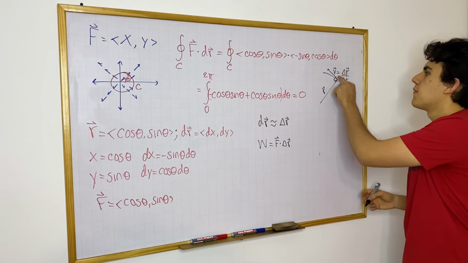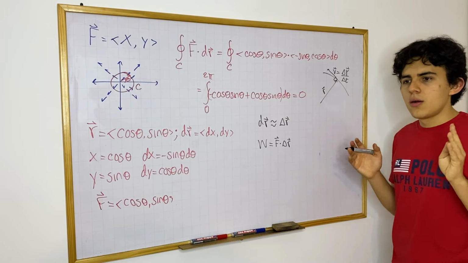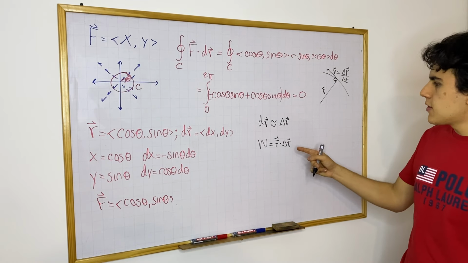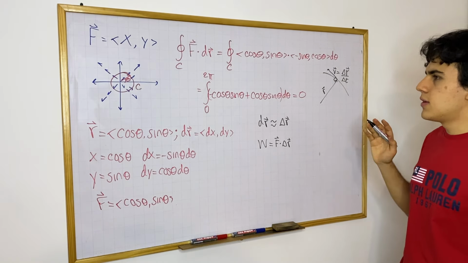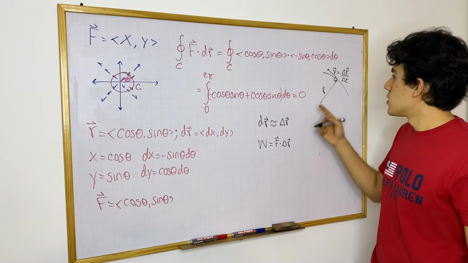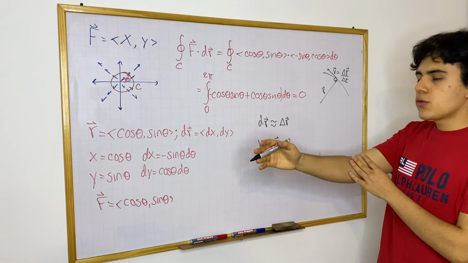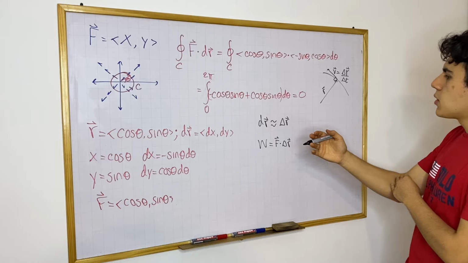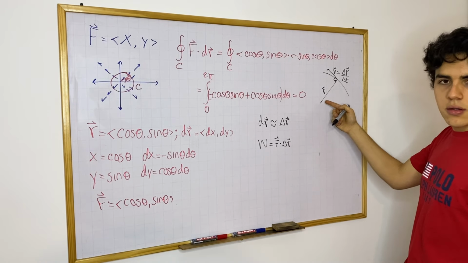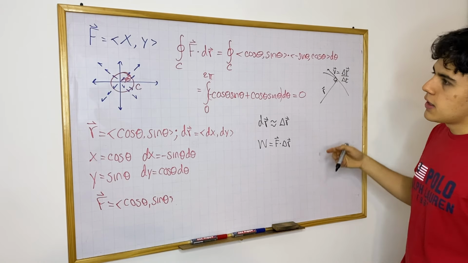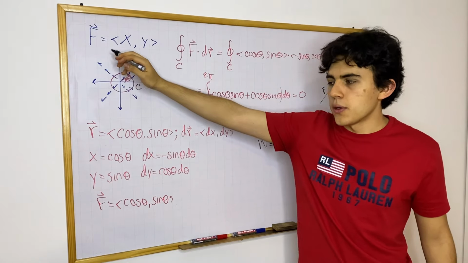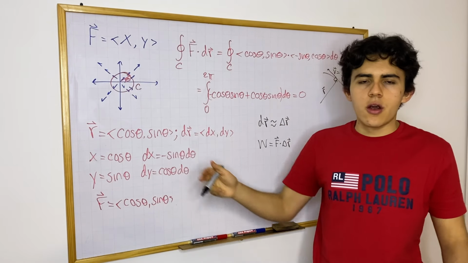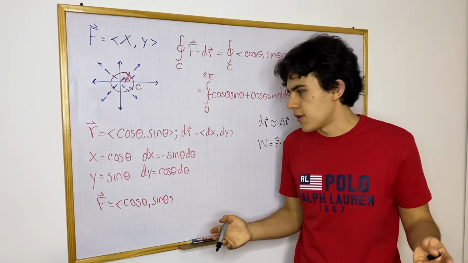Now, that means that v and delta r are parallel to each other, which means that the direction you're traveling in, which is your velocity, will be perpendicular to r. And we know r is parallel to f, because f and r are essentially the same vector.